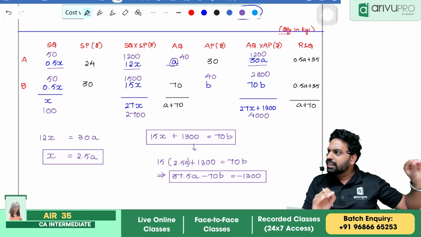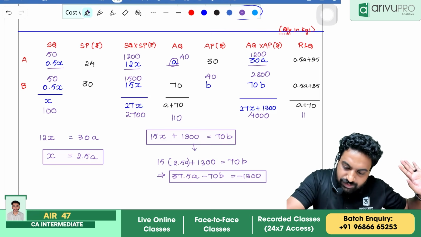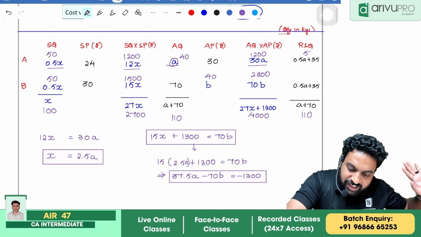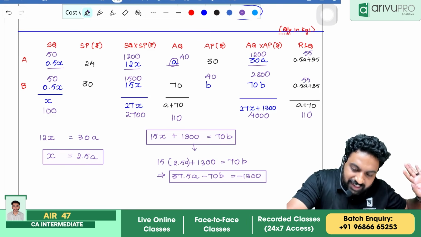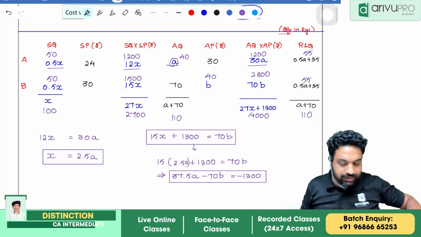With that, we have all the information now. This will be 110, and this will be 55. If you are able to do that, then automatically everything will be done.